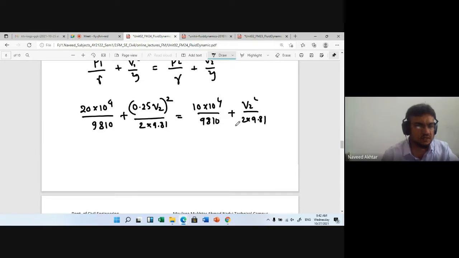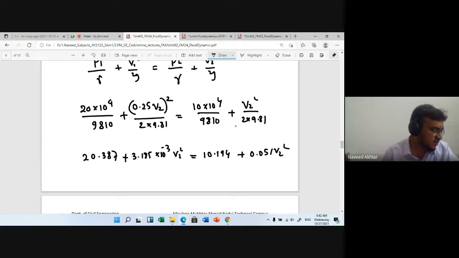After solving this, we can write it will come 20.387 plus 3.185 into 10 raised to minus 3 V2 square equals 10.194 plus 0.051 V2 square. So we'll take all that on one side. So you can find out V2 is equal to, after solving, 14.6 meter per second.